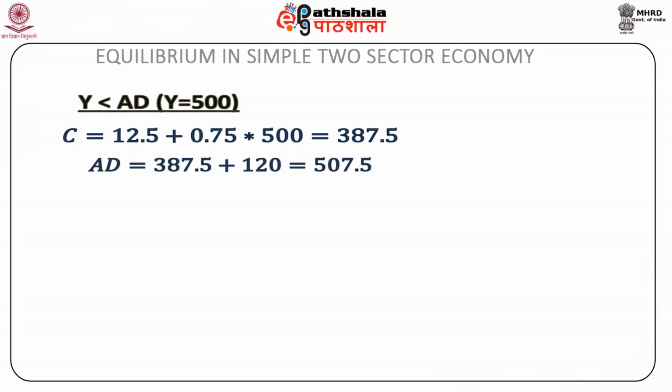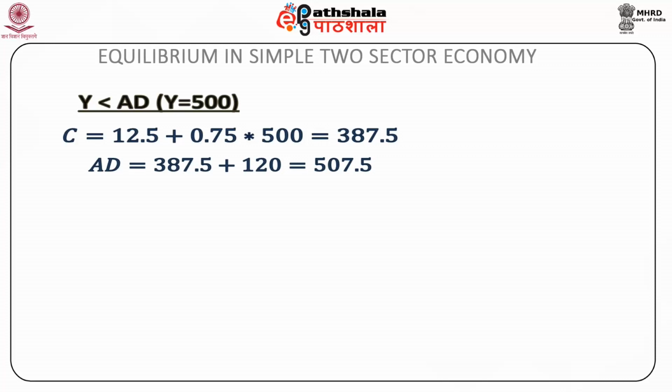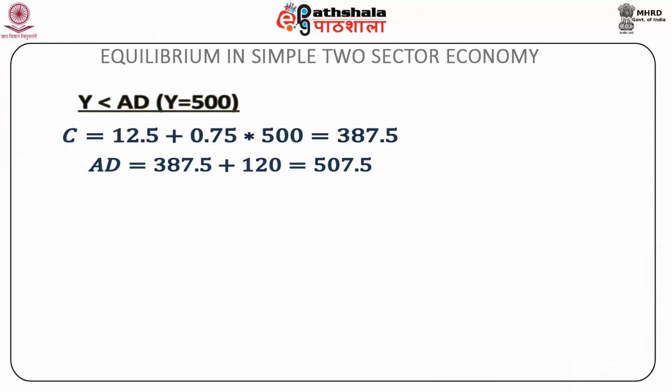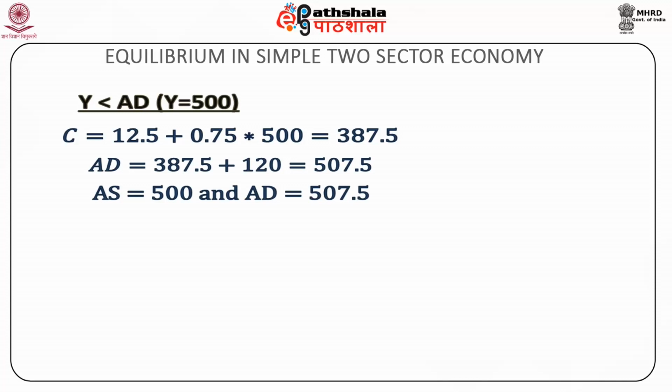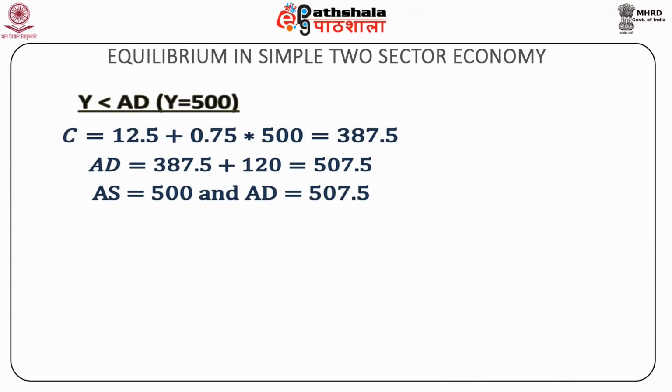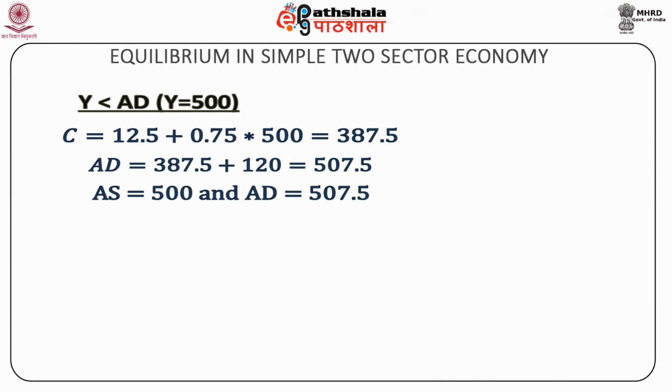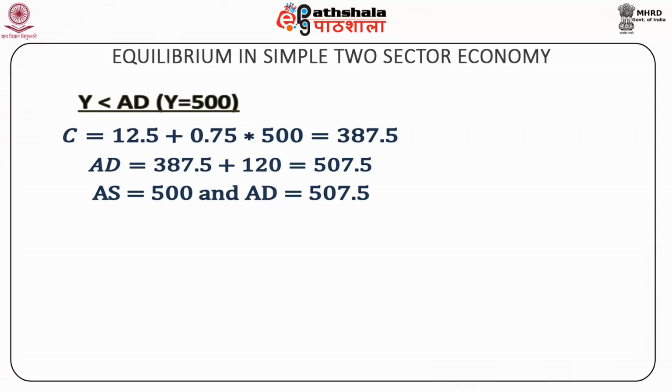So, AD is equal to 387.5, which is the consumption, plus 120, which is the investment, and AD is equal to 507.5. AS is the level of production, that is 500. In this case, AS is less than AD by 7.5, and there is unplanned depletion of inventory stock as 7.5 units are taken out of the existing inventory stock to meet the gap between demand and supply.